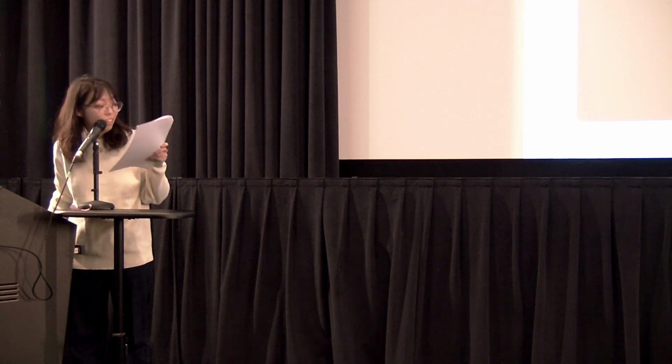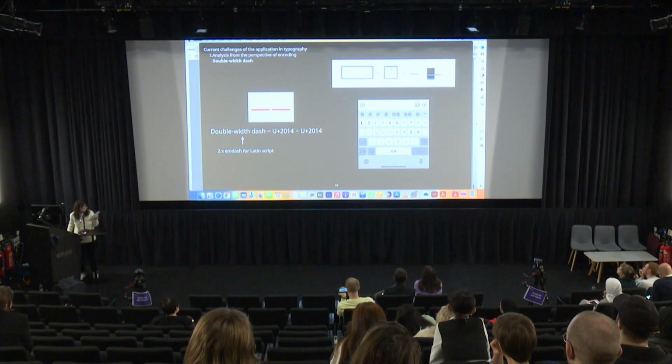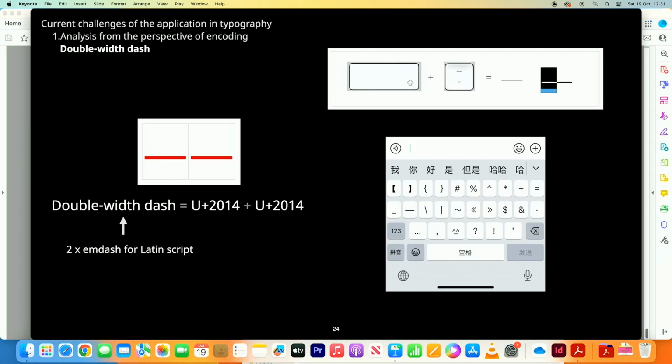And next, let's look at the double-width dash. Since the nature of input involves correlation between the keyboard encoding and characters, the current encoding result has a direct impact on the experience of using the input method. In the case of double-width dash, there are two models to make it visible on digital devices now.